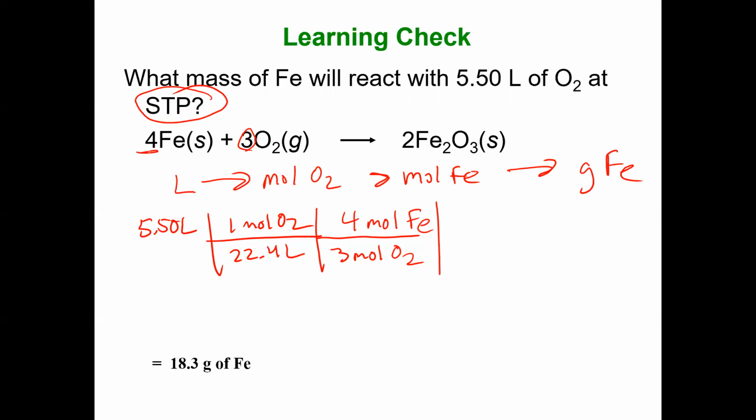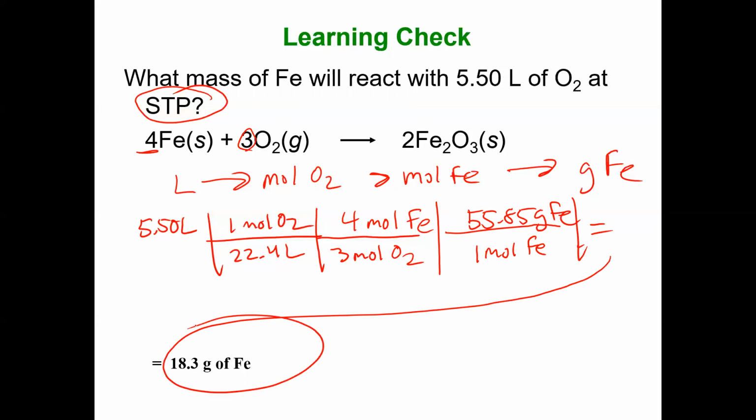Where am I getting that? My mole ratio. And 1 mole of iron. Just like you, I got to grab my periodic table, because I don't memorize this, so 1 mole of iron is 55.85 grams of iron. And when I calculate that all out, I should get that beautiful number right there.